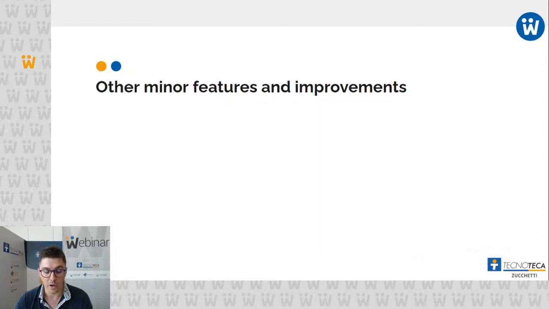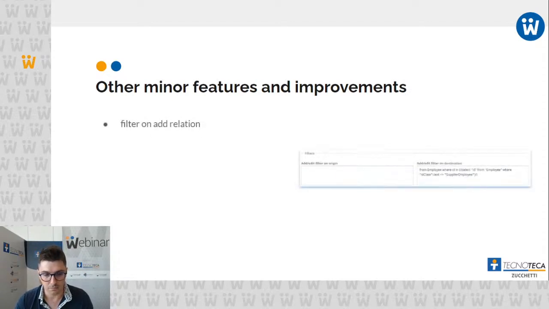Then we have done other minor features and improvements. For example, we have added a filter on the add relation. Now it is possible to filter the list of cards that can be related to a card, and this is possible by configuring this filter on the domain.